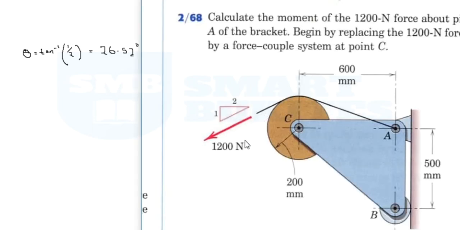Now we're asked to first replace this force by a force couple system at point C, and to get the force couple system we'll have to multiply the force by the separation distance between C and the line of action of the force. Now we can see this is a circle and it has a radius of 200 millimeters, which is equal to 0.2 meters. So our separation distance d is 0.2, and this is our force.